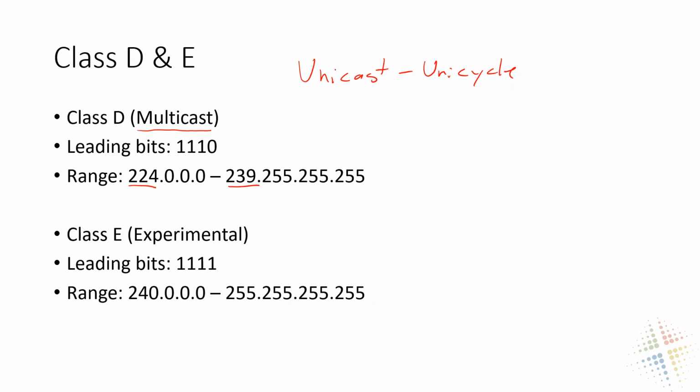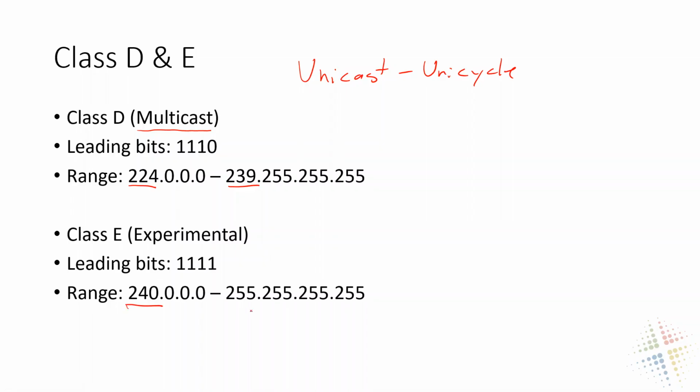Additionally, along with that, we have an experimental range, which sounds really exciting until you realize nobody's done anything with that experimental range. The experimental range was defined as just something we might want to use in the future, and currently nobody ever has, and it has a range of 240 through 255.255.